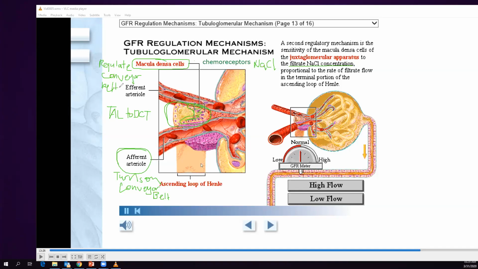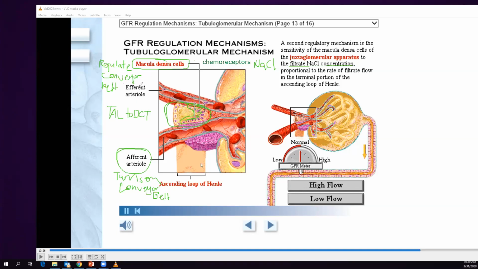Okay, does that make sense? We're checking to see how much sodium chloride we have here at the end. If that's the right amount, I don't have to change the speed of my conveyor belt. But if it's too much sodium chloride, then it went by too fast. And if there's too little sodium chloride, it went by too slowly. I didn't filter like I should.